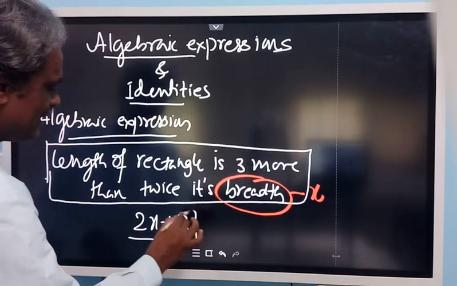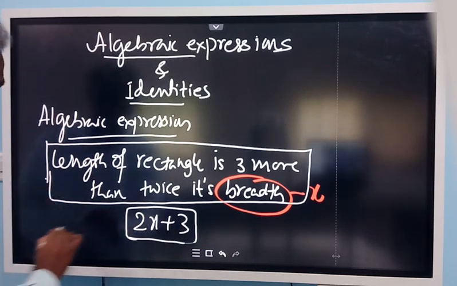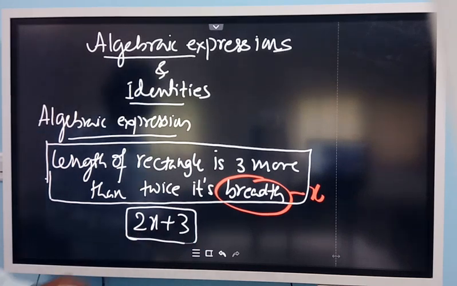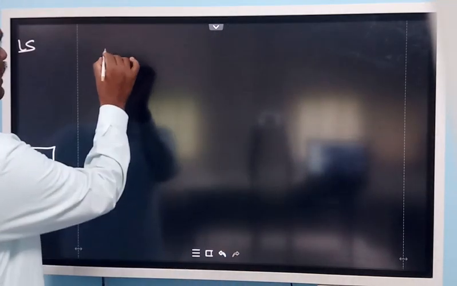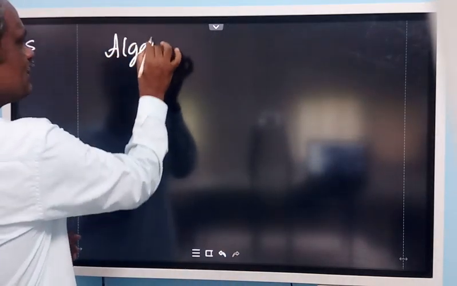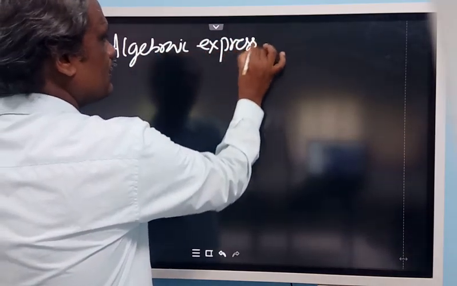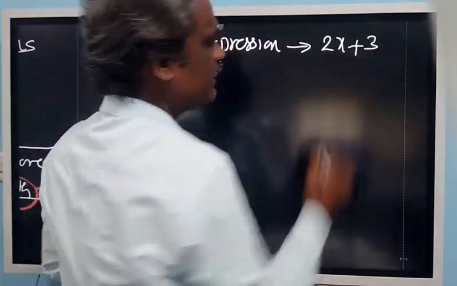So 2x plus 3 is the length. We have expressed the same statement in the form of an expression using the variable and constants. 2x plus 3 is an algebraic expression.